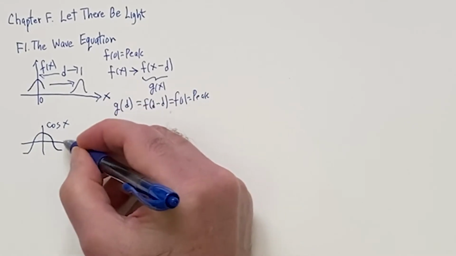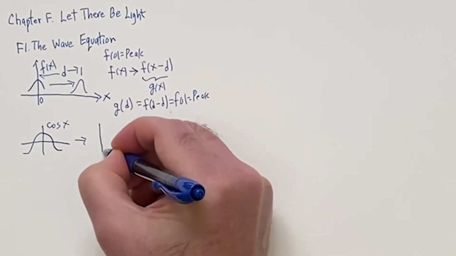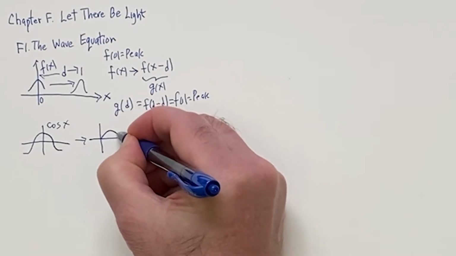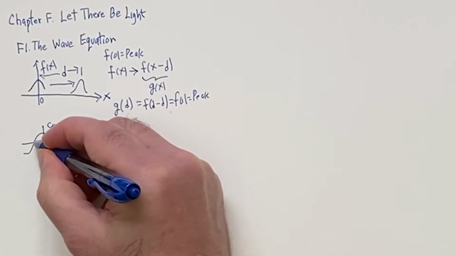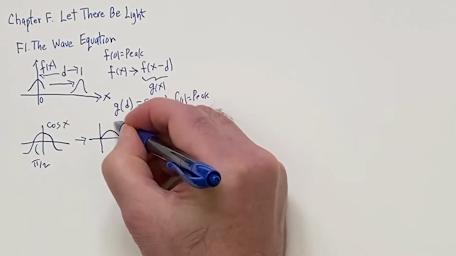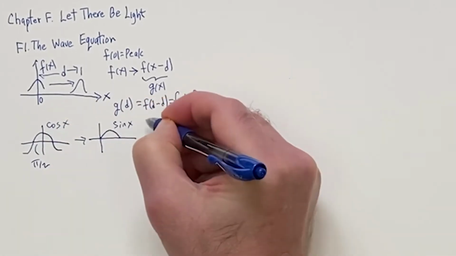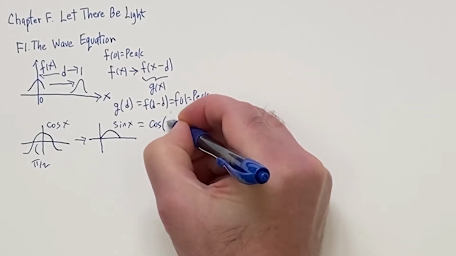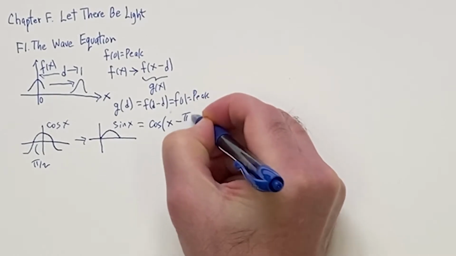And if you were to shift the cosine a little bit to the right, so this point moved over, say pi over 2, you would then get the sine of x. And that's taking the cosine and shifting it pi over 2.